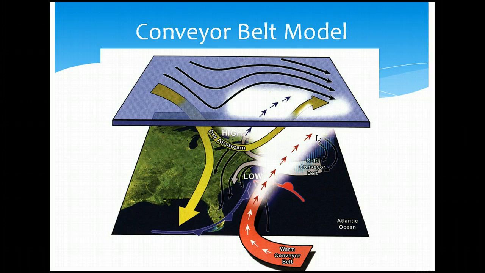The warm conveyor belt then ascends more rapidly as it glides northward along the sloping warm frontal surface, which serves as a boundary between the warm air and the dome of cooler air to the north of the surface warm front. As the air ascends and cools adiabatically, water vapor condenses, forming clouds, and rain or snow develops. Latent heat released during condensation adds to the buoyancy of air in the warm conveyor belt.